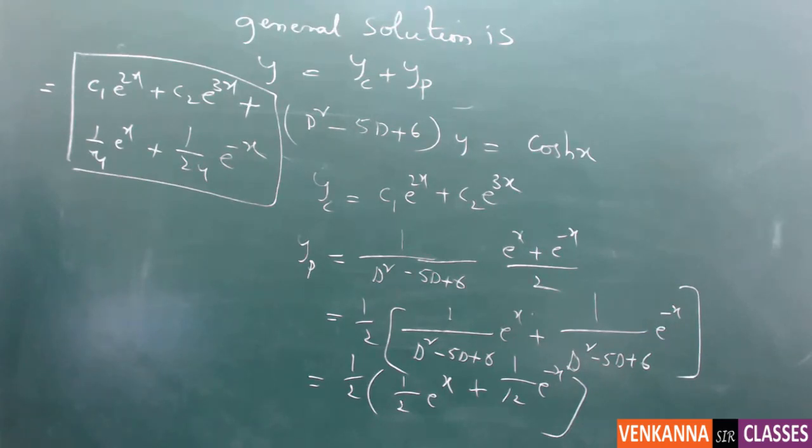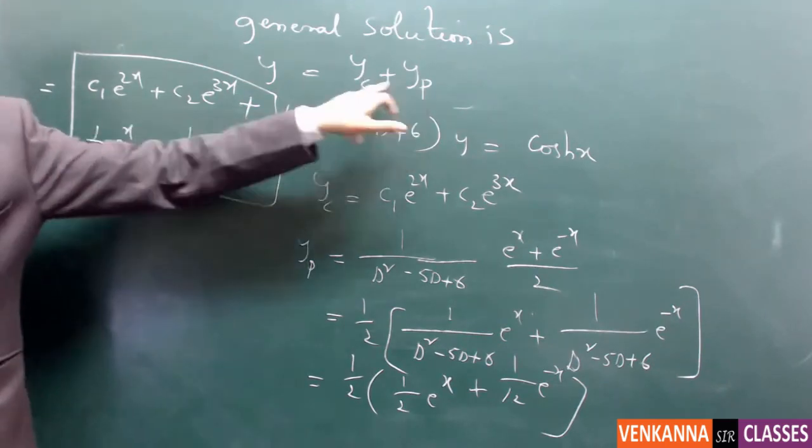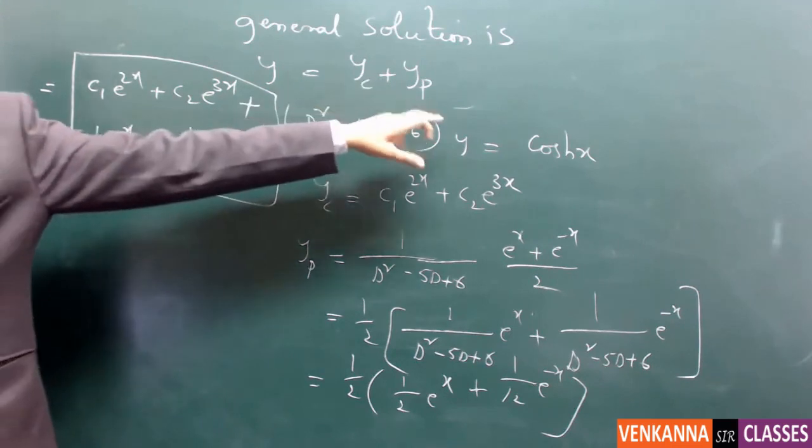Secondly, depending upon the right hand side function, we find the particular solution. The particular solution occurs for some kinds of functions which I have mentioned already. And the general solution is nothing but joining the two things, yc plus yp.